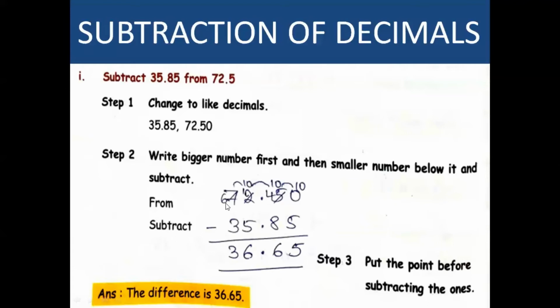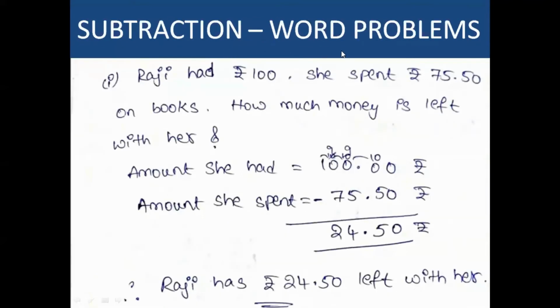Here we are having 6. 6 minus 3, 3. Total 3665. Now put the point before subtracting the ones. The difference is 36.65.